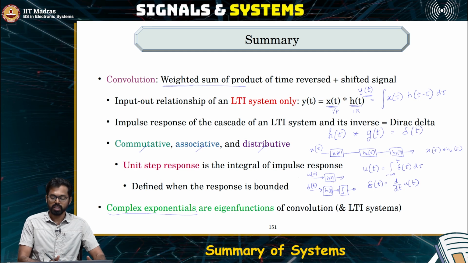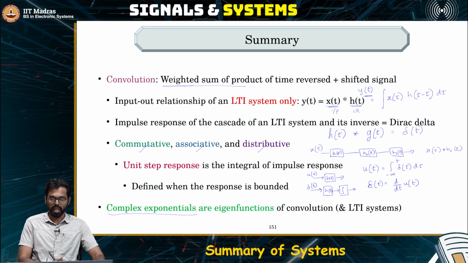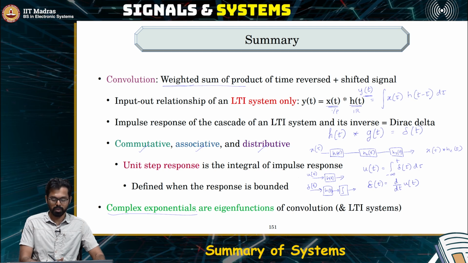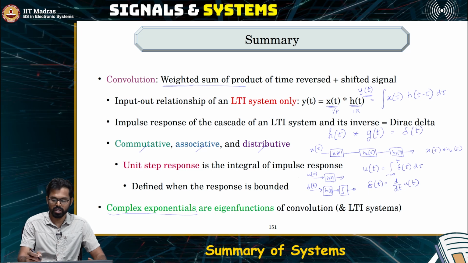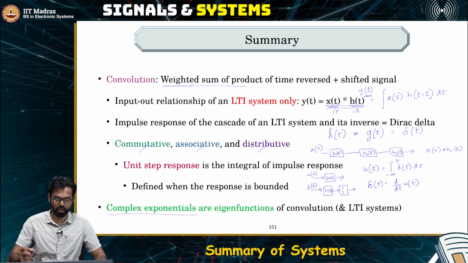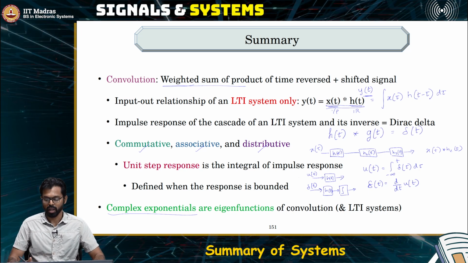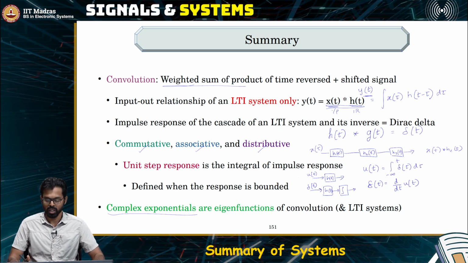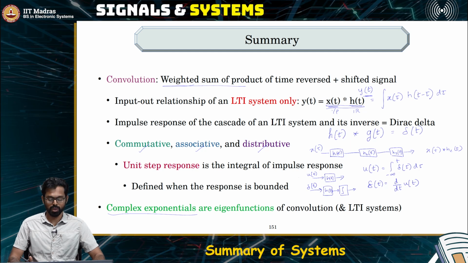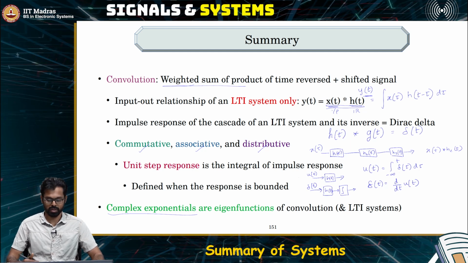But not only for these systems, for any LTI system, the complex exponentials are eigenfunctions. That is because they are eigenfunctions of the convolution operation itself. We'll see this in detail and how this helps us. Because of this eigenfunction notion, we can simplify the convolution. We'll see that in the next lecture.